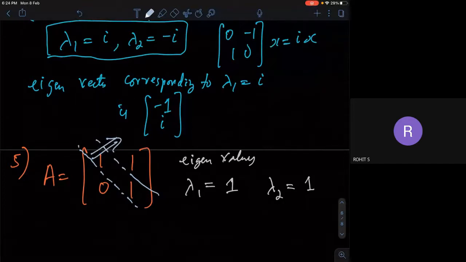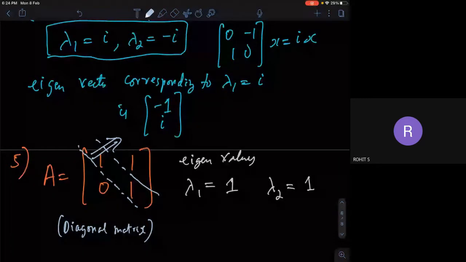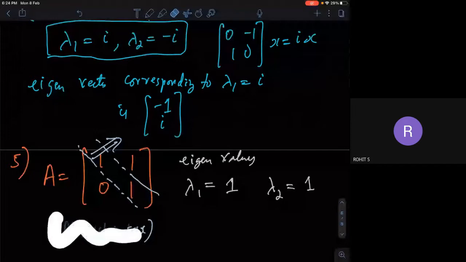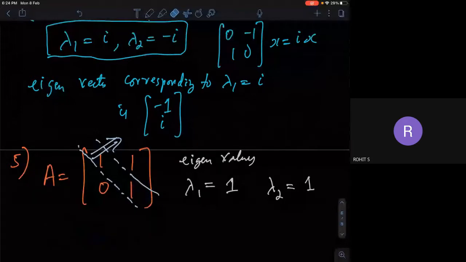You don't have to know this fact, but for such matrices also, the eigenvalues are on the diagonal. That's why you have lambda 1 equal to 1 and lambda 2 equal to 1. But now comes the question, let's go back: eigenvectors. Can you give me one eigenvector for this?